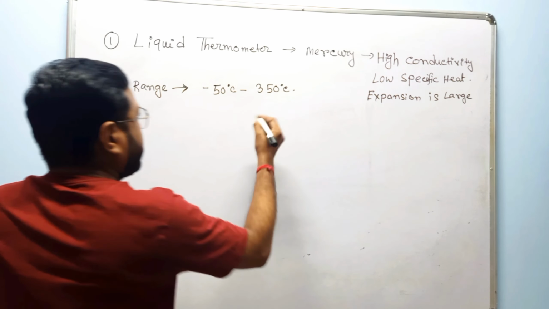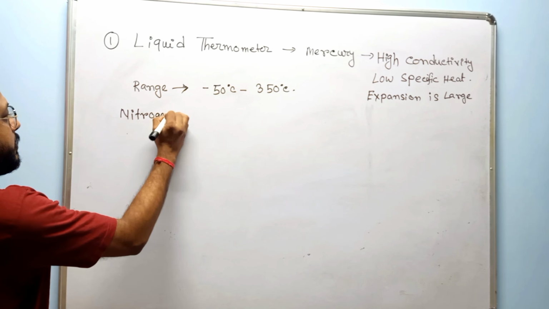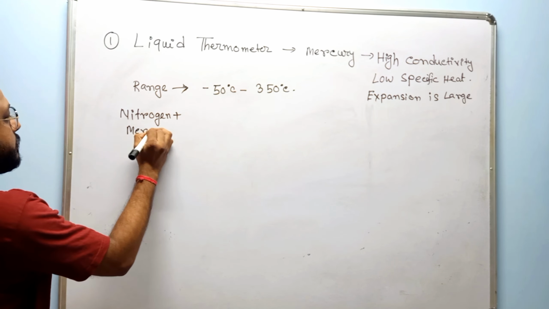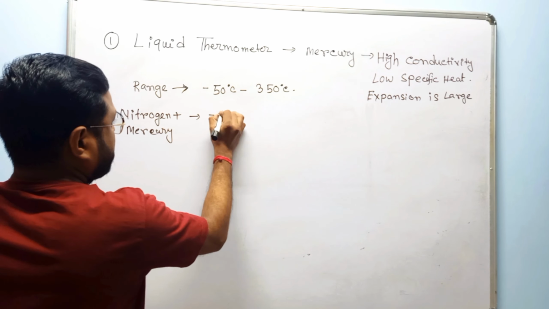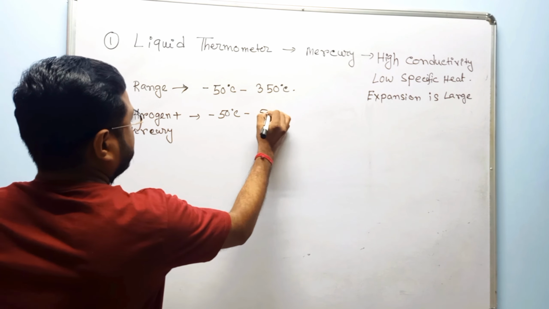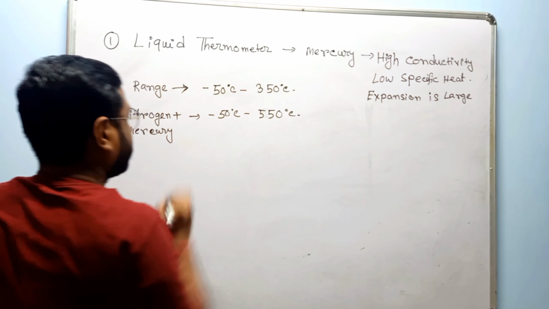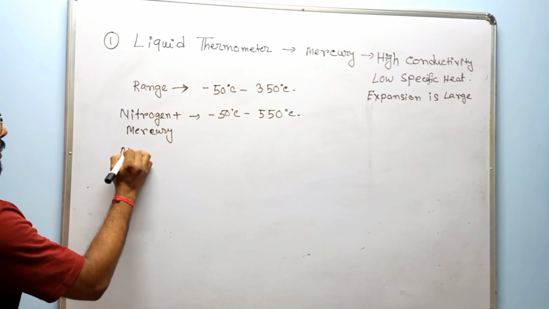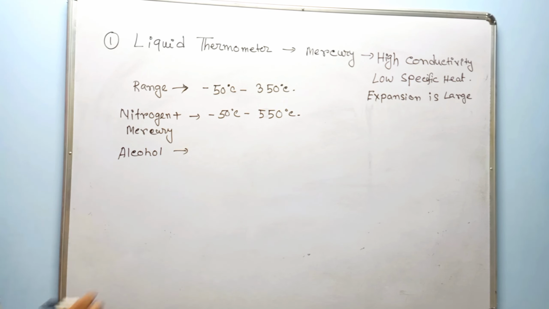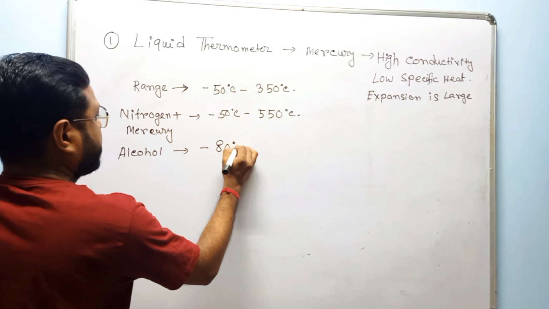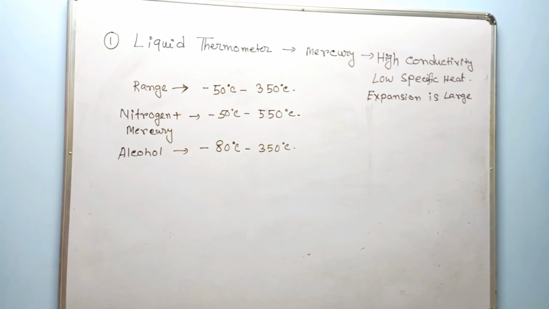If nitrogen is mixed with mercury, then the temperature range varies from minus 50 degree centigrade to 550 degree centigrade. Okay. If alcohol is used, mercury is not used, only alcohol is used, then it is taken as minus 80 degree centigrade to 350 degree centigrade. Number 1 is the liquid thermometer.